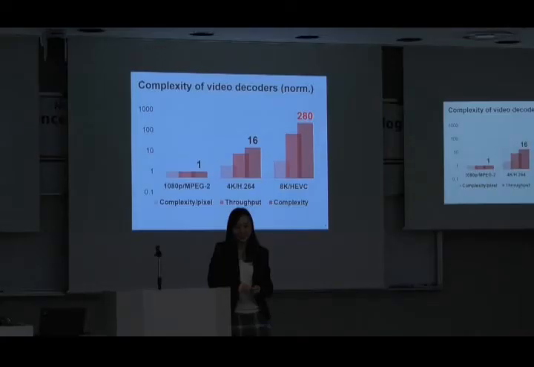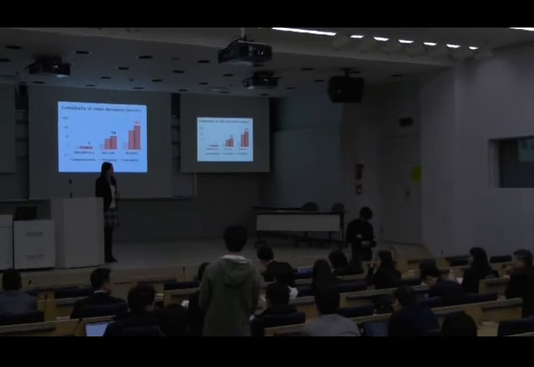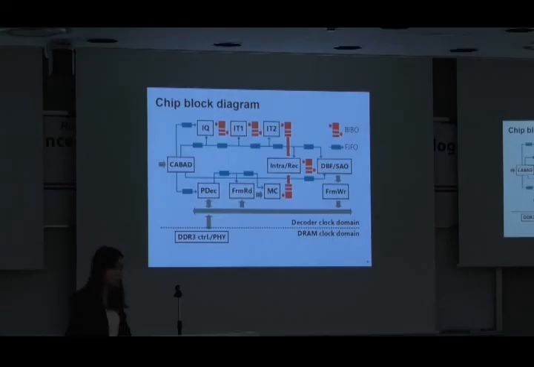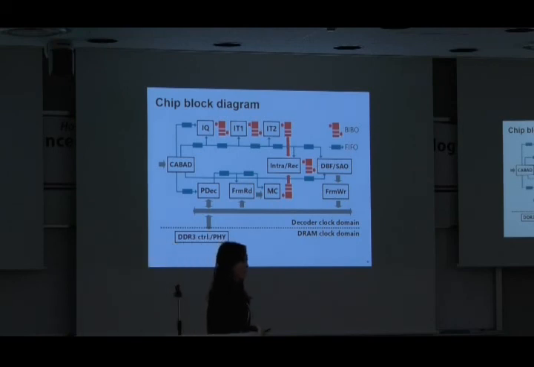Thank you for a wonderful and interesting talk. Can you show me the picture with BIBO and FIFO? Yes, this one. My question is, how do you control the speed of each of them, BIBO and FIFO?